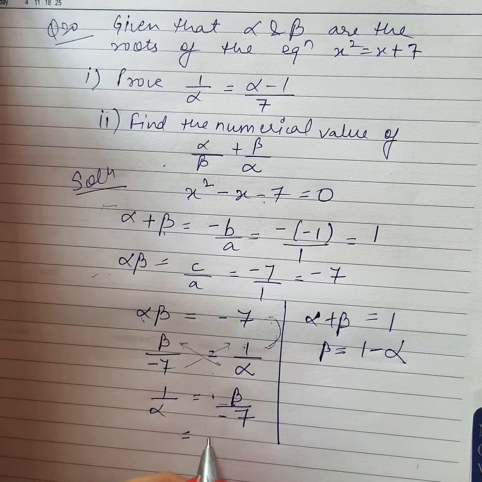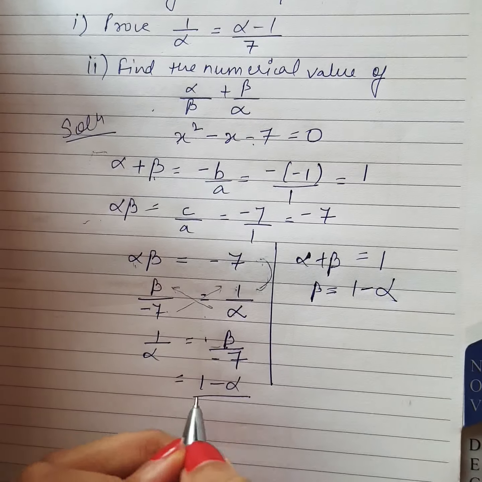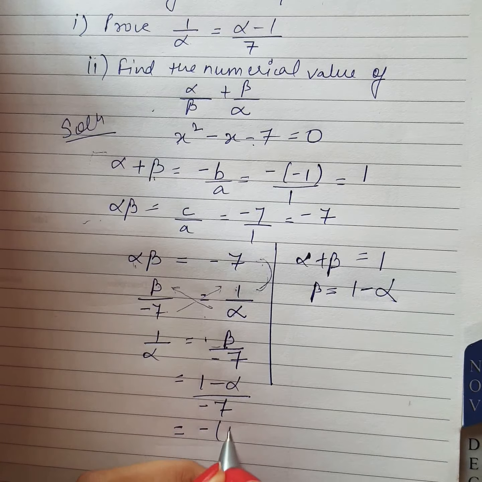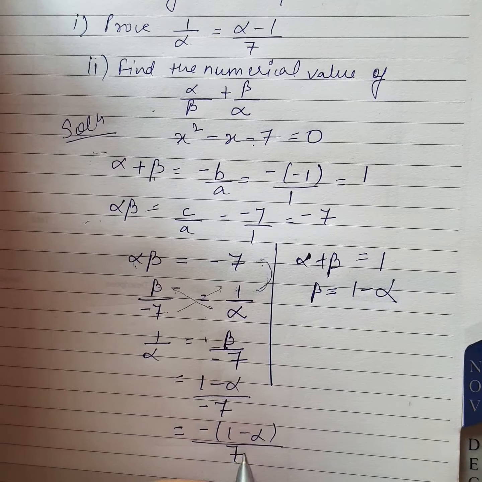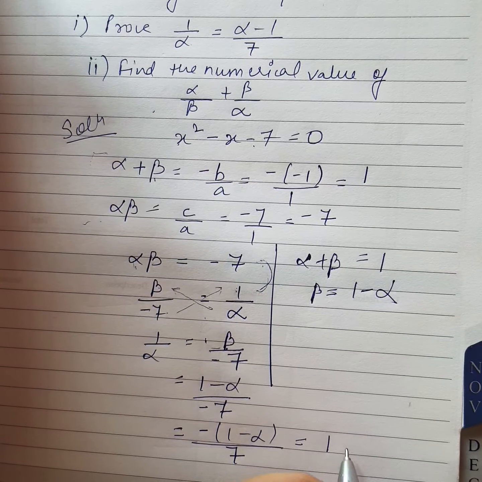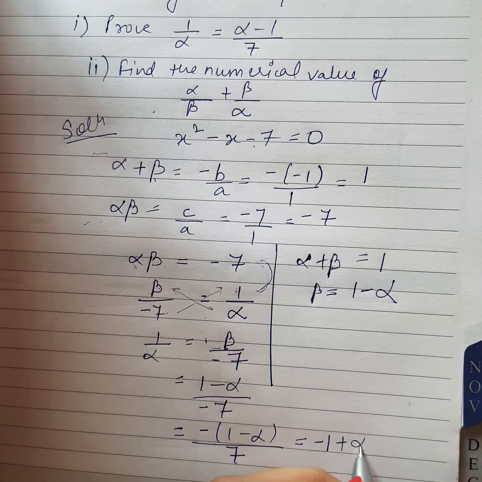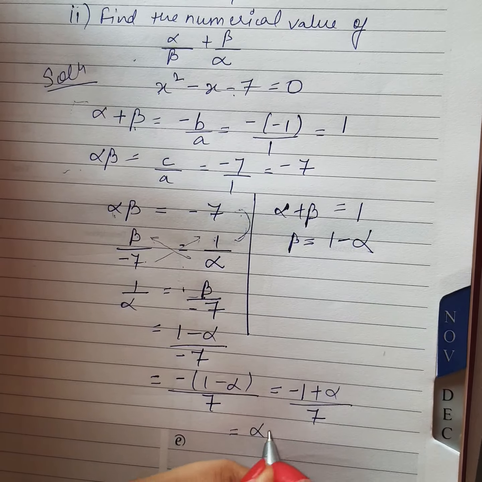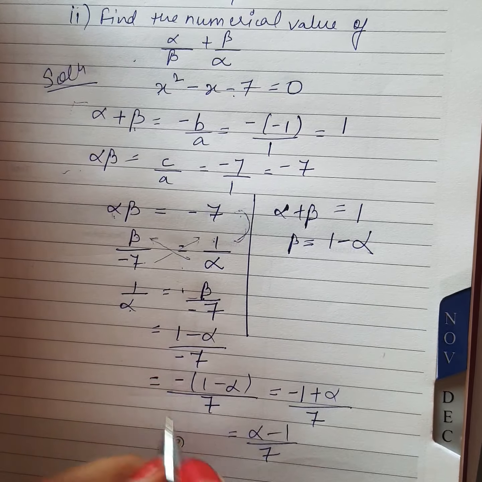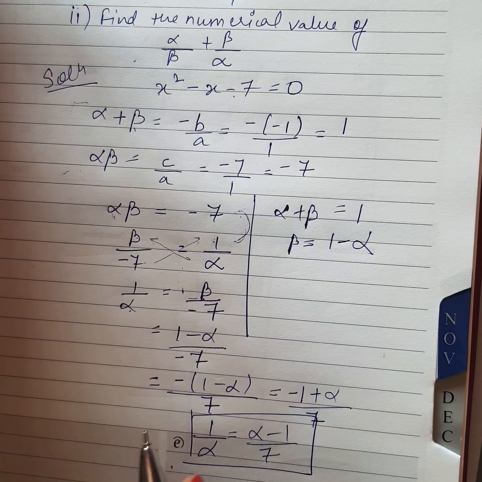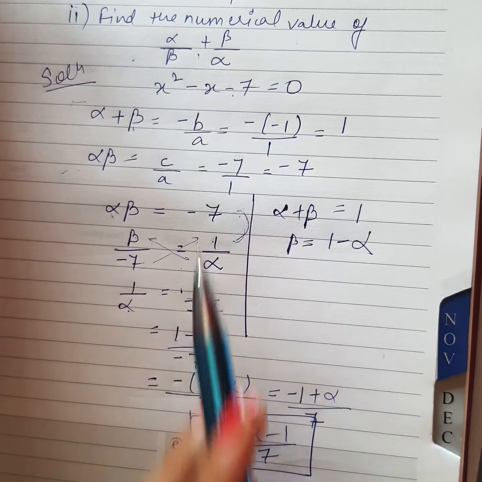Substituting, 1 minus alpha upon minus 7, I write the minus in the numerator, so this will be minus 1 plus alpha upon 7, or alpha minus 1 upon 7 equals 1 by alpha, hence proved.